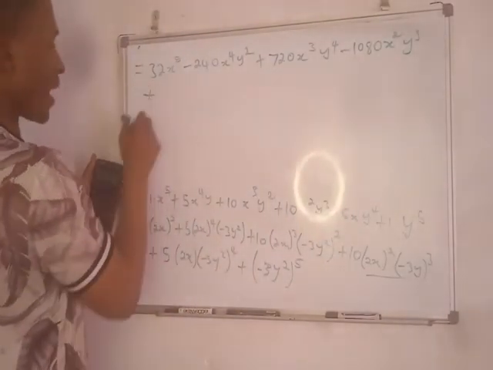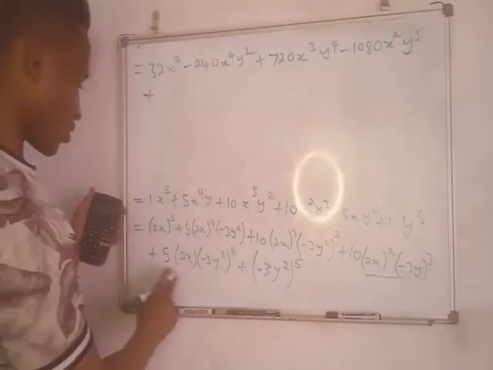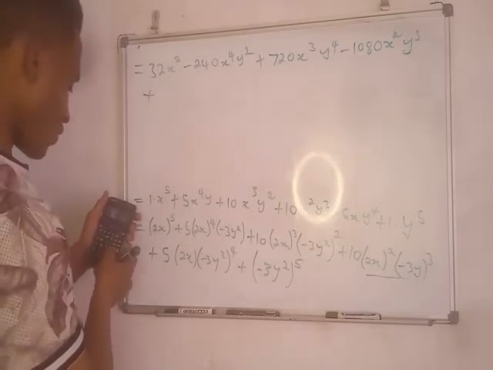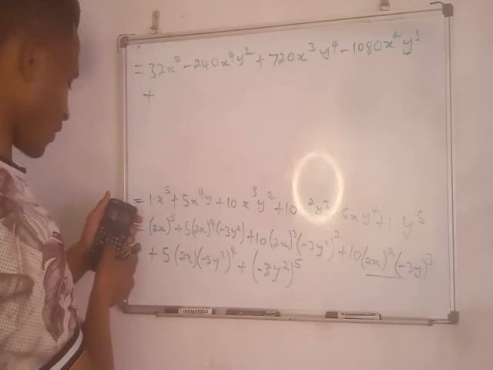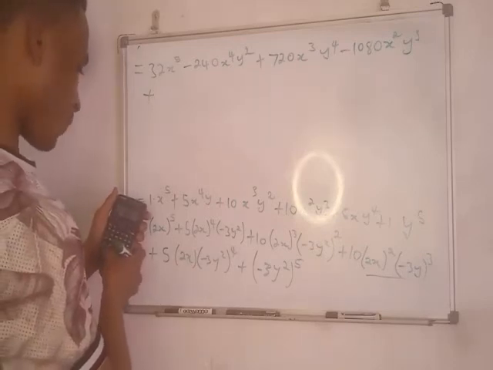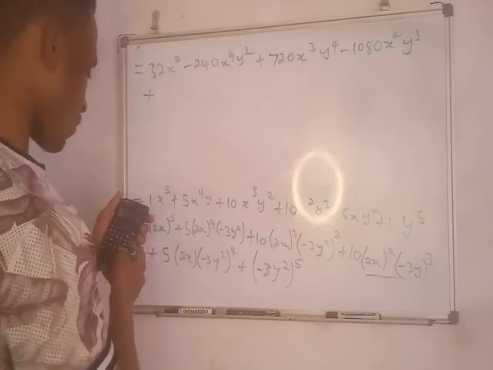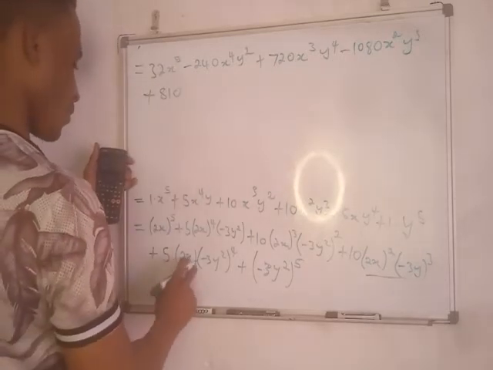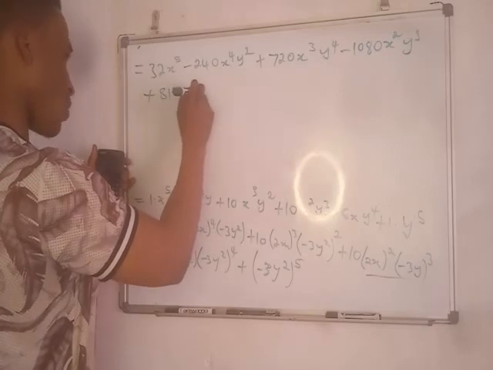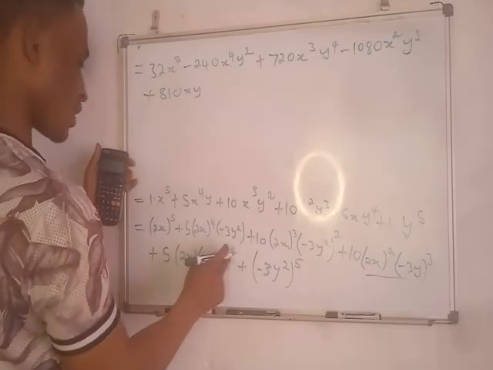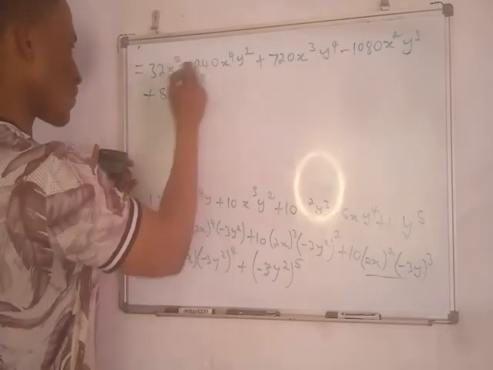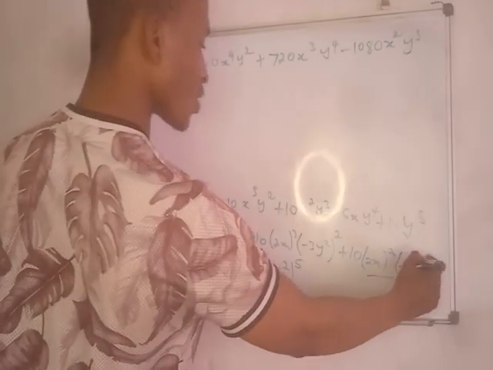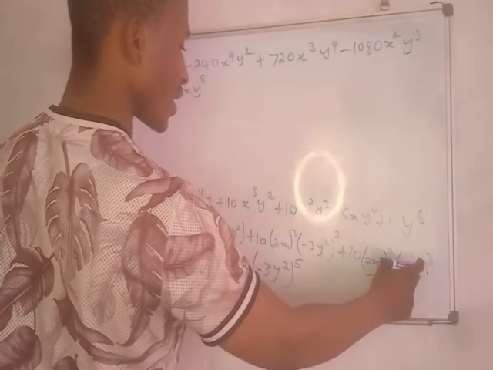I can just say plus. I'm coming to this part right now. It's going to be 5 times 2 times minus 3 to the power 4, which will be 810 x, y. 4 times 2 is 8. Here I said squared, sorry guys, I forgot to add squared.